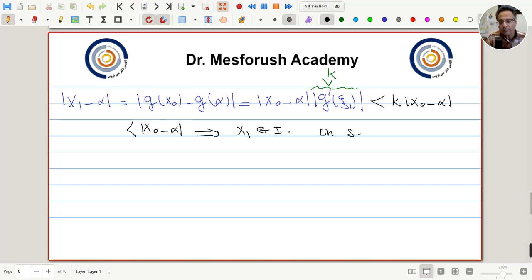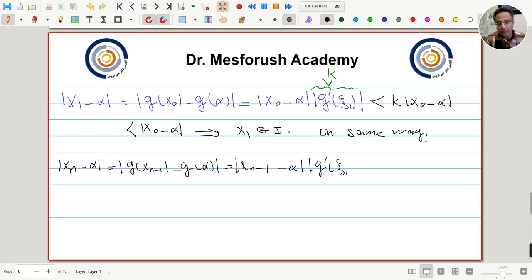In the same way, if we consider absolute value of x_n minus alpha, it will be absolute value of g of x_{n-1} minus g of alpha, and this will be absolute value of x_{n-1} minus alpha times absolute value of g prime of xi_n, but we know that this is also less than k.